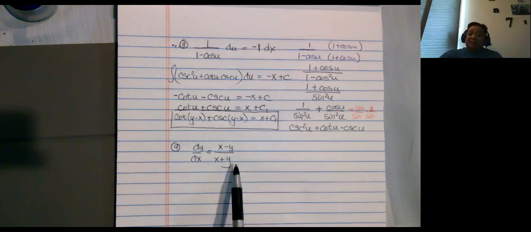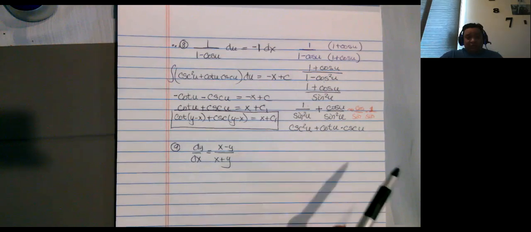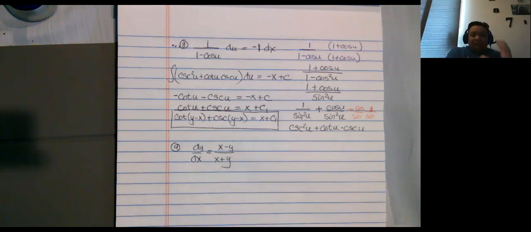And looking at it, there's a linear expression, but there are two kinds, so this cannot be done using the first type of substitution. So now I'm going to show you a different kind of substitution.